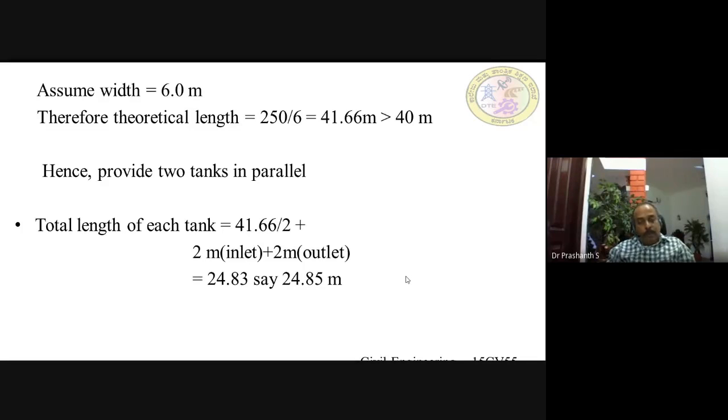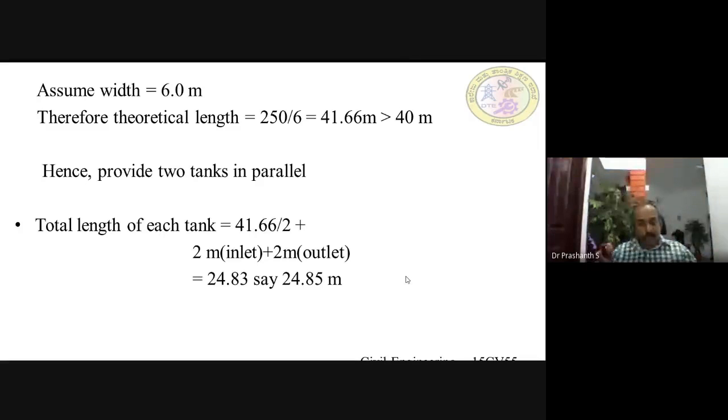So we'll provide 2 tanks, hence provide 2 tanks in parallel. Therefore, the total length of each tank is 41.6 divided by 2 plus 2 meter inlet. We cannot take the wastewater directly to a tank. Before that, we have to have an inlet arrangement. Otherwise, if you push the wastewater directly into the tank, it is going to create turbulence and particles are not going to settle down.